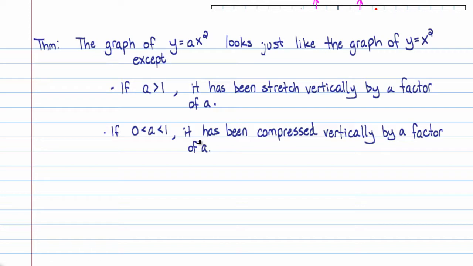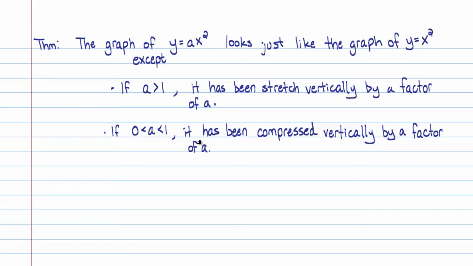So what we've just witnessed is that the graph of y equals some number times x squared looks just like the graph of y equals x squared. They both look like parabolas, except if the number that's multiplying the x squared is bigger than 1, like 3 in the case we just looked at, then the graph has been stretched vertically by a factor of a, by a factor of 3.